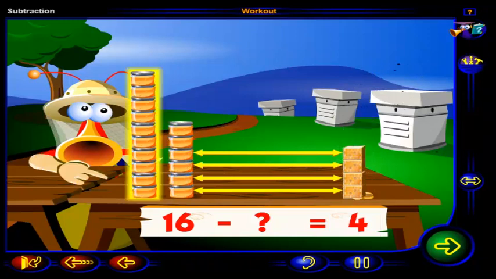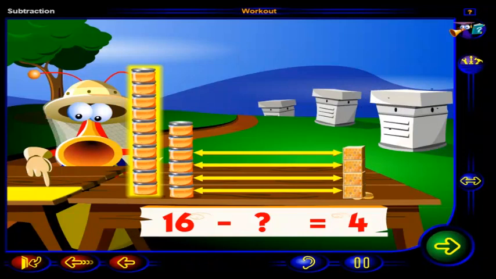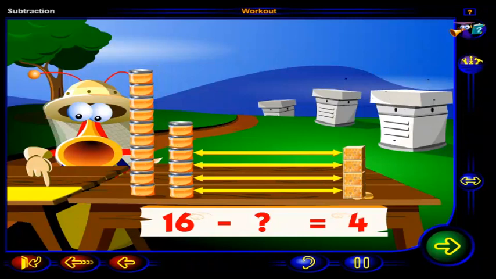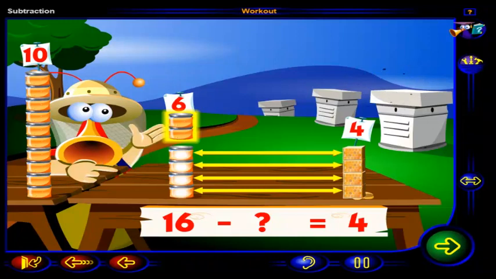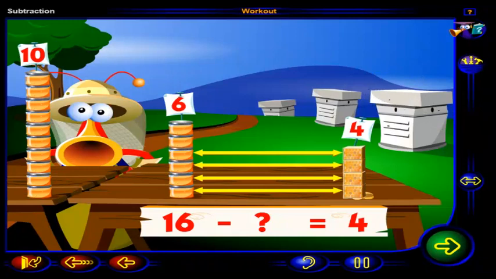Drag these 10 jars of honey here. Now there are 4 jars of honey and 2 more jars of honey here. Drag these 2 jars on top of these 10 jars.